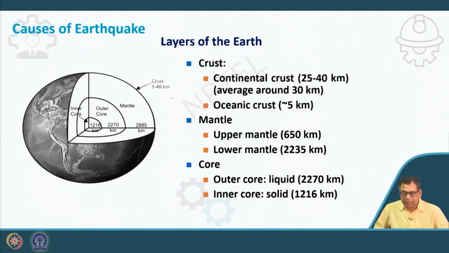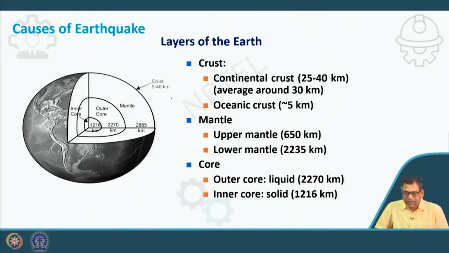The thickness of the continental crust is around 25 to 40 kilometers, and the average is around 30 kilometers. The oceanic crust is 5 kilometers. So the continental crust is thicker than the oceanic crust.